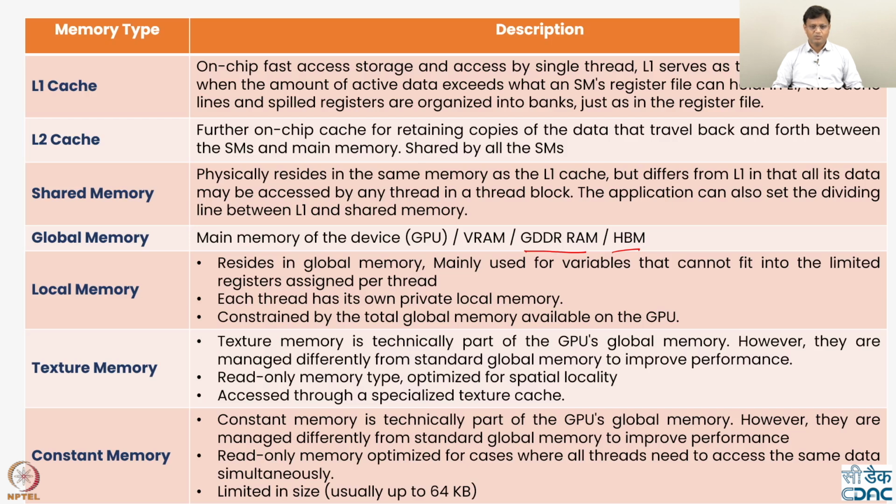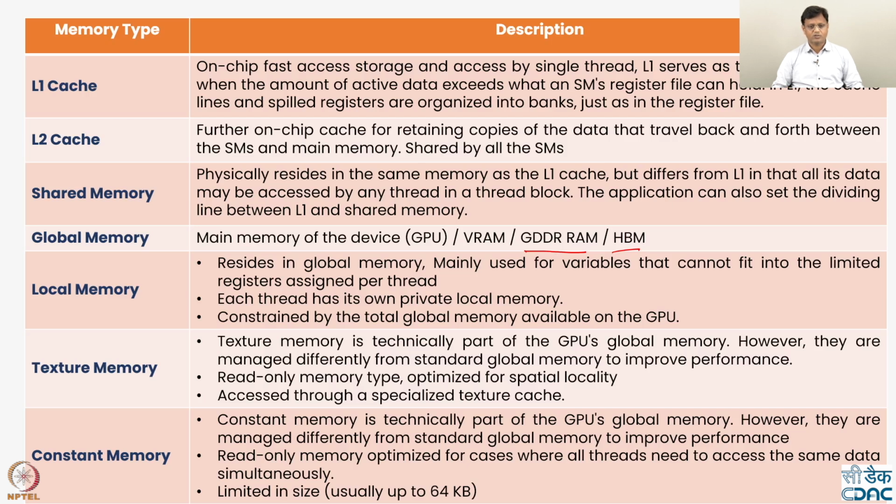Next one is constant memory. Constant memory is also technically part of the GPU's global memory, and it is also managed differently from the standard global memory. It is also a read only memory, but optimized for cases where all the threads need to access the same data simultaneously, meaning all the threads launched in a particular application want to access the same data simultaneously.